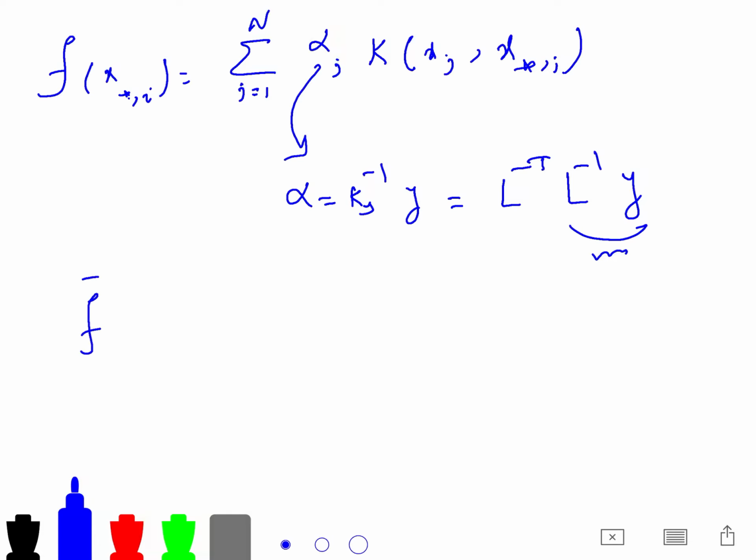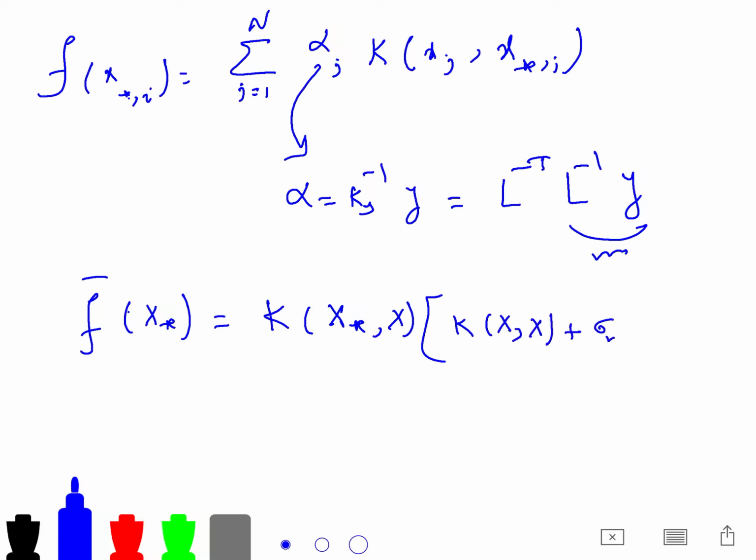So f bar of x star, I mean the mean of that, is k of x star and x. And for the noisy formulation of that, it's just k of x and x, where you add sigma squared I. And the covariance looks the same.